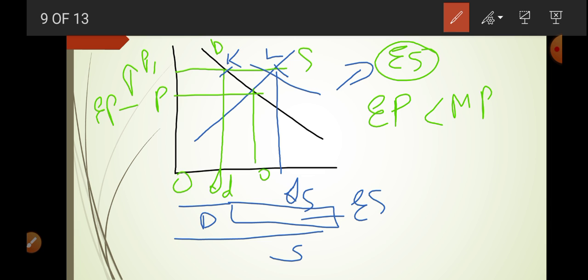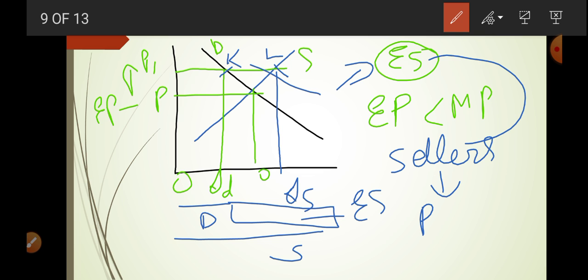So whenever we find excess supply, there will be competition among sellers, and in response price is going to be low. And this fall in the price will continue till OP1 price again becomes OP. Okay, so that is the explanation of excess supply.